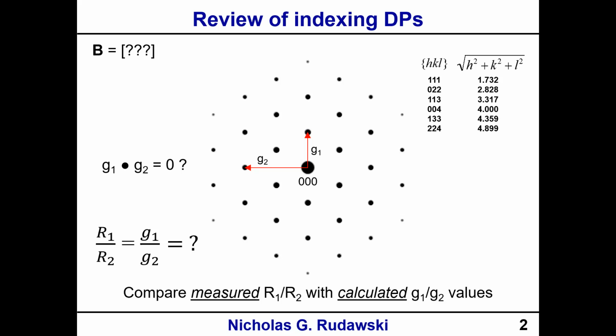We don't have to concern ourselves with the absolute lengths. So we get a measured ratio, and then we need to compare it with some calculated G vector quotient values. I'm sorry, this is a quotient, not a ratio, so I'll try to be consistent with that as much as I can.